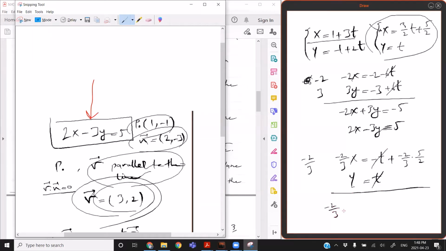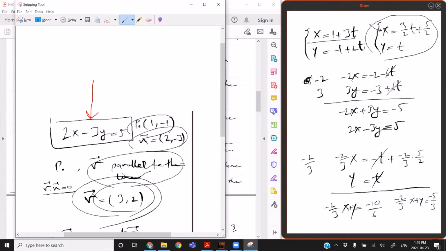Now, if I add up both sides, the t and the minus t will cancel out. I get -2/3x plus y is equal -10/6. Or I can also simplify that to -2/3x plus y is equal to -5/3.